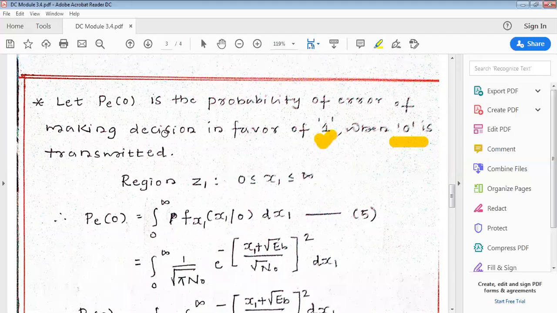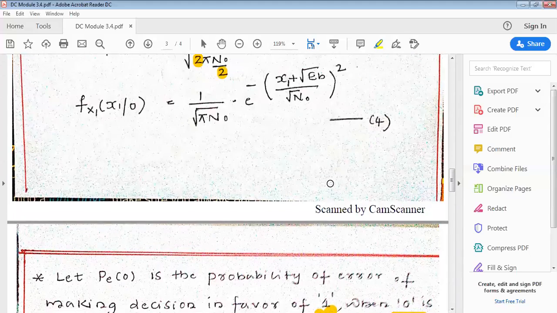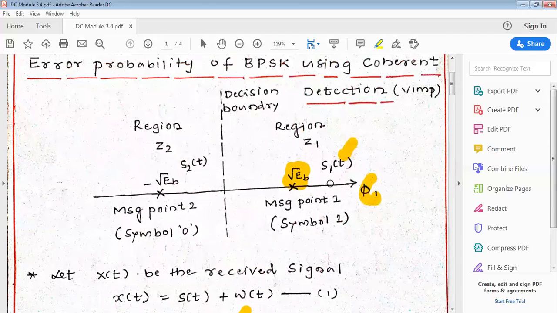So here you can observe, since you are transmitting the symbol 0 but the decision is made in favor of 1, and this 1 is located in region Z1. Here you can see the signal space diagram. This is the message symbol 1, which is located in the region Z1, and the limits for this region Z1 are from 0 to infinity.